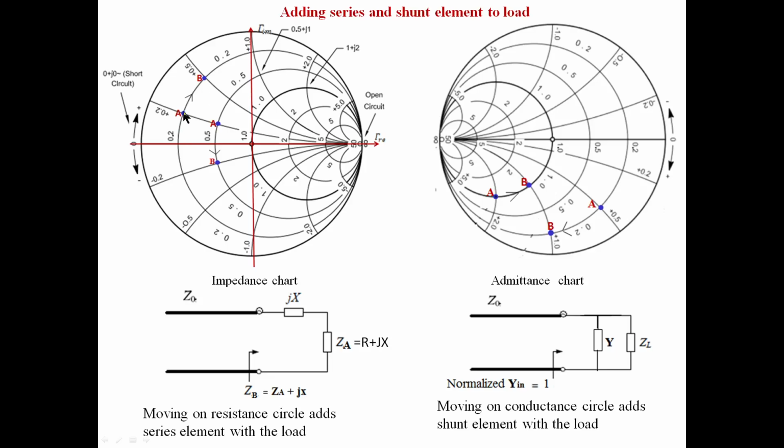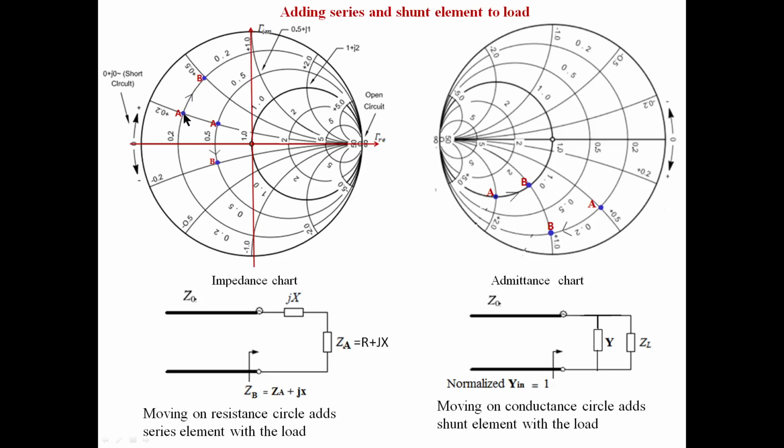If you want to add only a reactive element, if you want to add a series element like this, you should move from the load point in the clockwise direction or in the anti-clockwise direction. It adds the series element, keeping this R value the same. Okay, if you move from here, it will add the reactive element, either a capacitor or inductor.